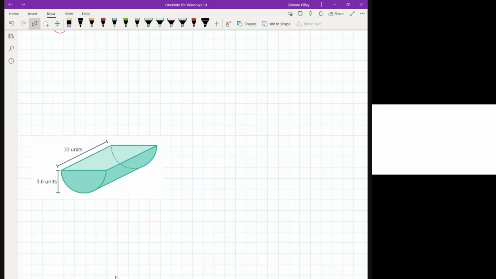Now, something that I want you guys to be super duper aware of is if we are calculating surface area, you have to know whether the shape is open or closed. Because think about surface area.